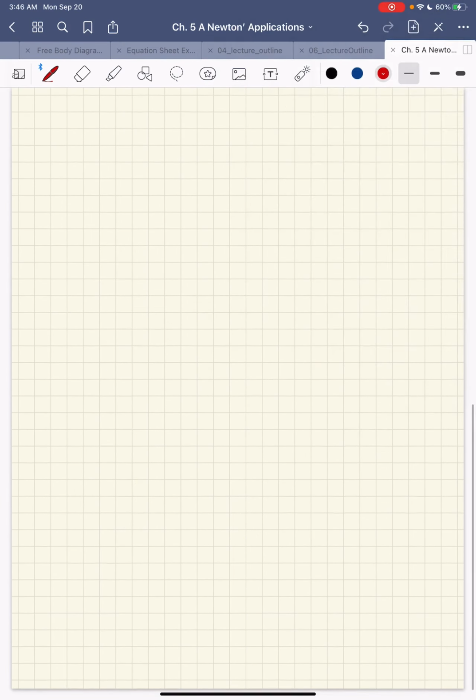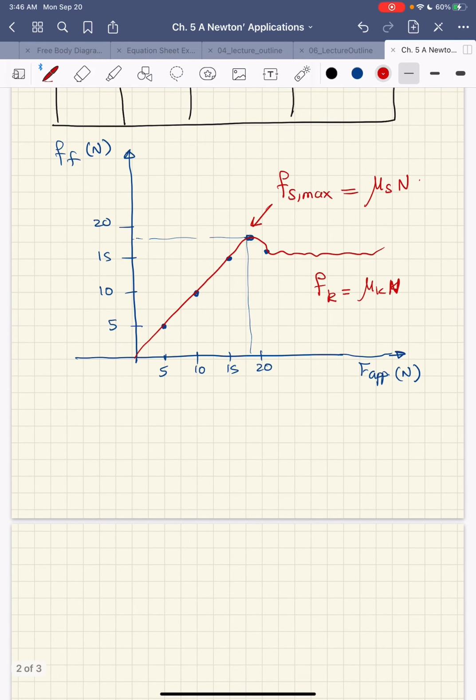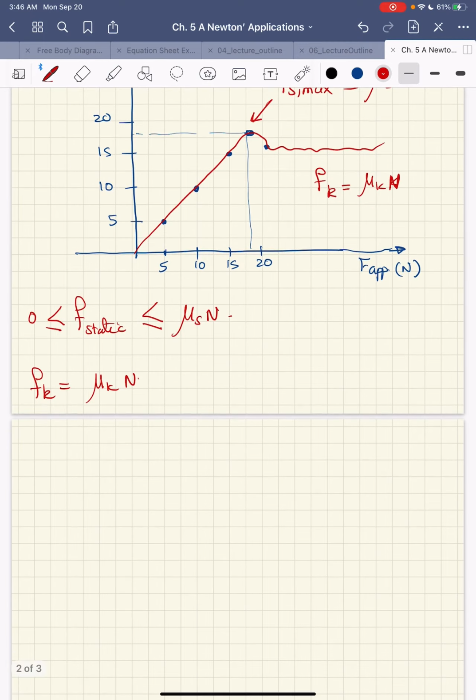This means that the force, the static, F static, can be any number, okay, from 0 up to, equal to, mu s normal. Like it can start from 0 and it can reach mu s times the normal force. Whereas Fk, it has just that value.